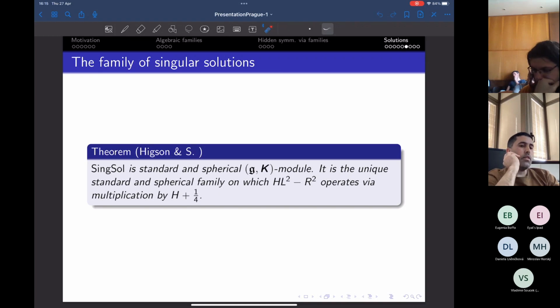And this is something that I work with. I think that this minimal representation plays some role in this description of families, but I cannot tell you more than just feelings right now. Maybe in a year or so.